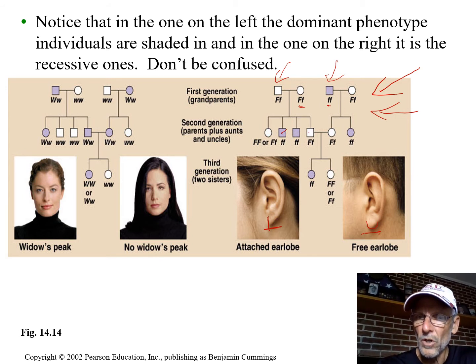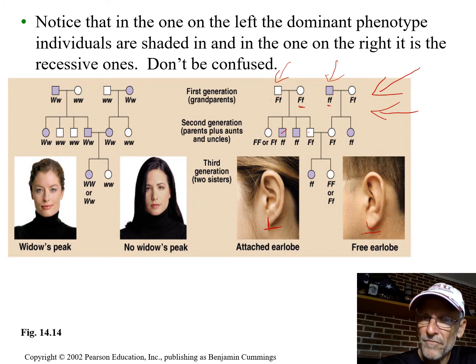Here's what you look for. In this pedigree, in any place, do I have two parents that have the same trait, either both not filled in, like these two, or both filled in? Do I have any two parents that have the same trait and have even one kid that's got the different trait? Well, yes, I do. And here it is. Here's two parents not filled in. They have two kids that have the filled in trait, whatever that is. Here again, I have two parents that are not filled in. This kid is filled in.